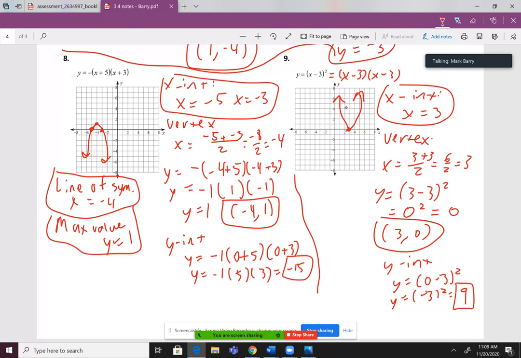All right, last things, we have our line of symmetry. Is that x equals 3. And then our minimum value, since it's opening up, it's a min value at 0.